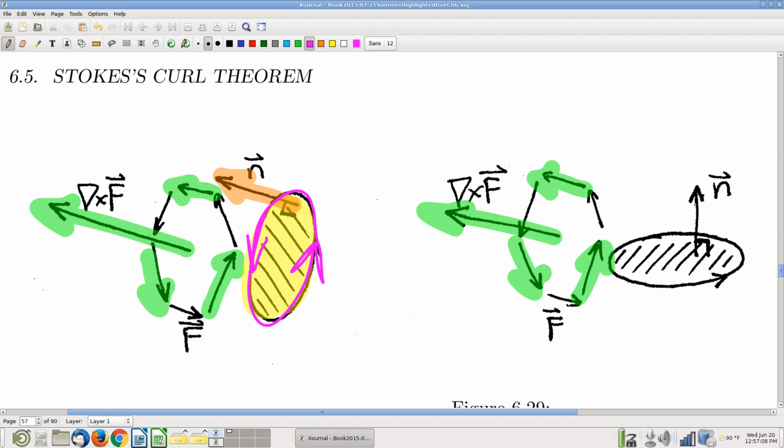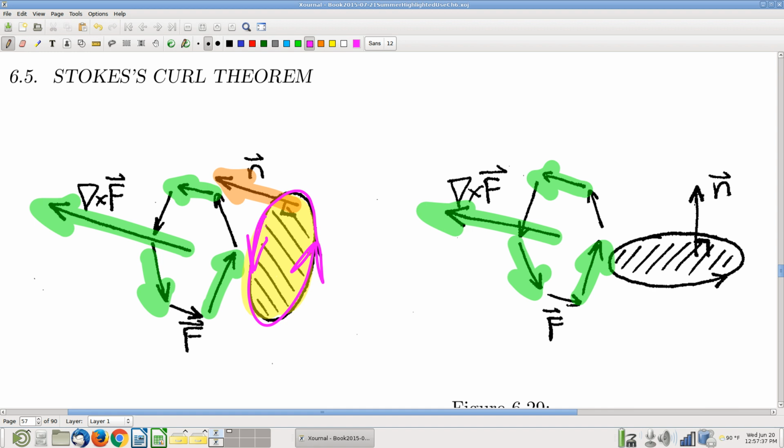Well, there's a lot. The little boundary curve is a circle like this, right? The boundary curve's going around like that, and I'm asking how much this vector field, representing a fluid, is flowing around in exactly the same way. There's going to be a lot of flow of the fluid exactly along that boundary curve.